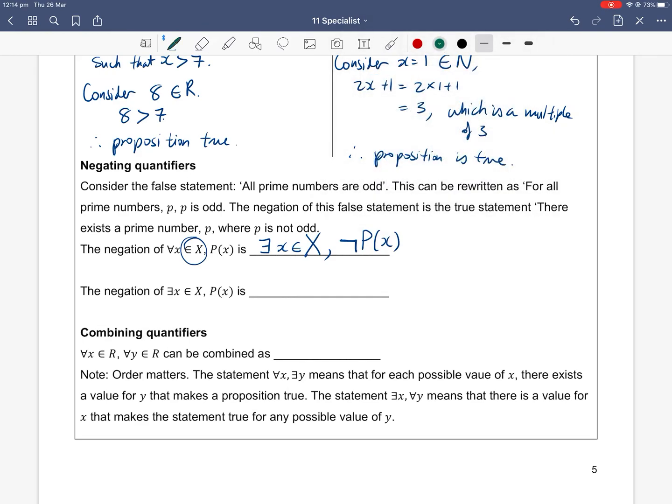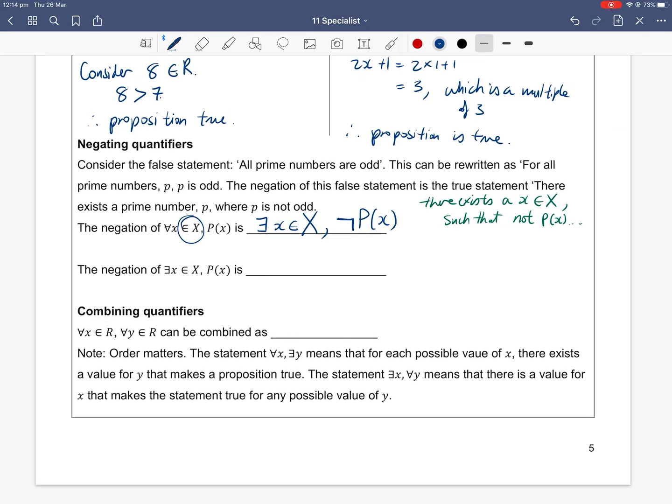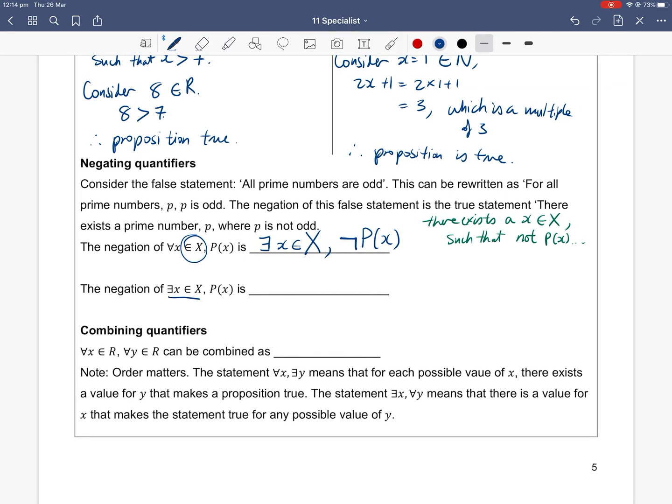So all it's really saying is there exists x in your domain of interest such that the not p statement is satisfied. And similarly, the opposite of there exists is for all. So the opposite of existing is that for every value in your domain of interest, the opposite statement happens. So for all values x in your domain of interest, you have not p.